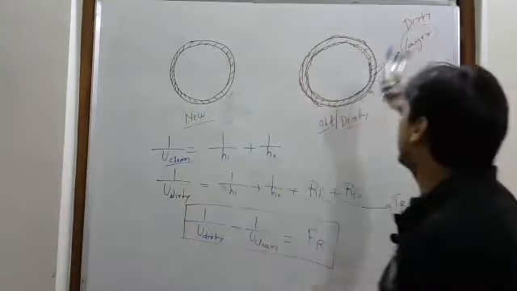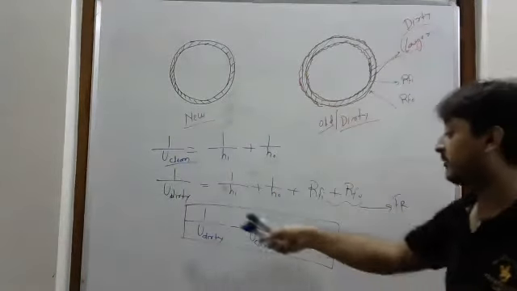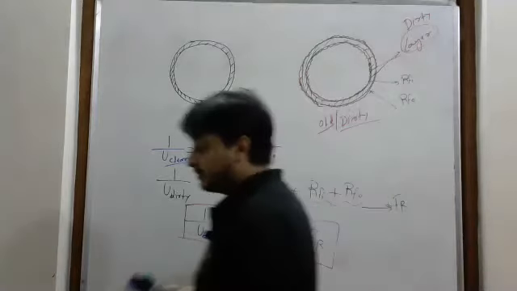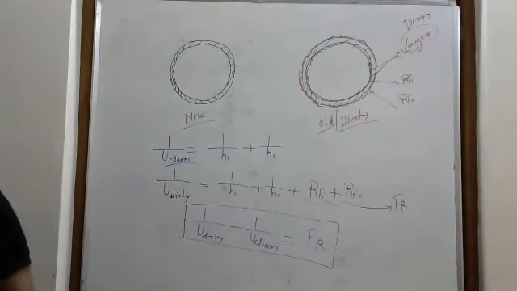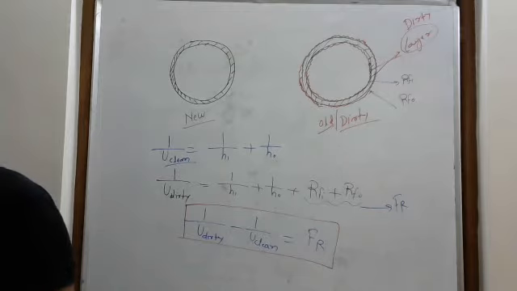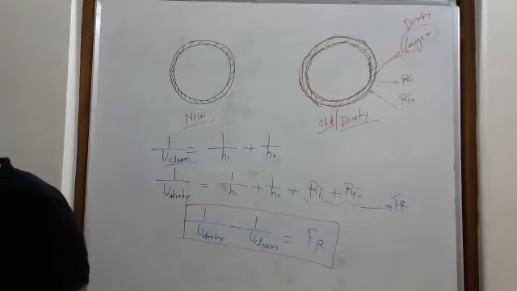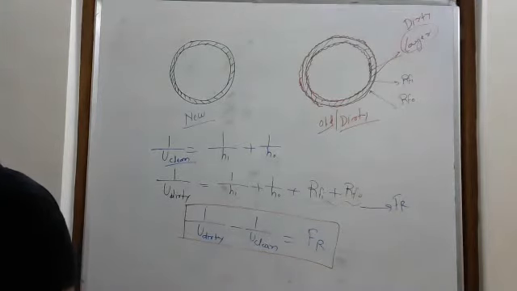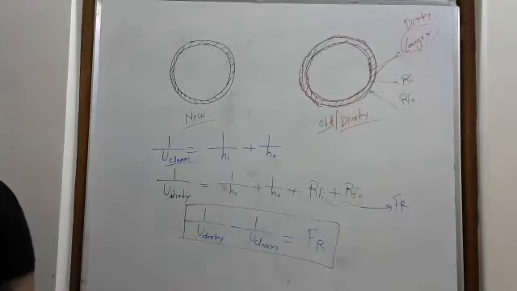After taking care of the contamination, whatever comes, 1 by U clean and 1 by U dirty, that will be our fouling factor. So I think it's clear. Any problem?